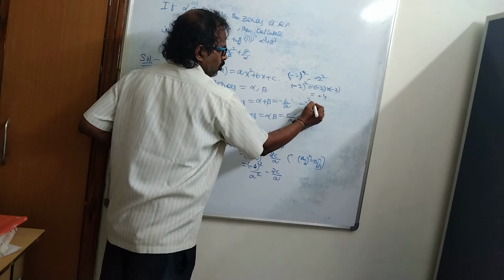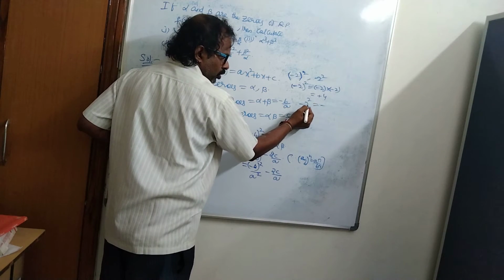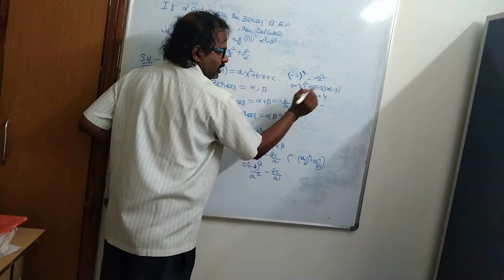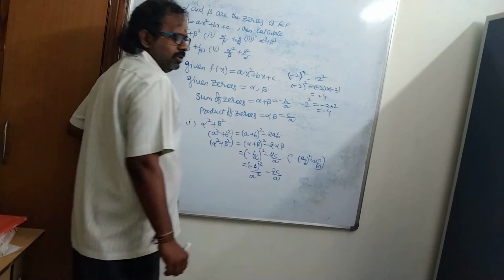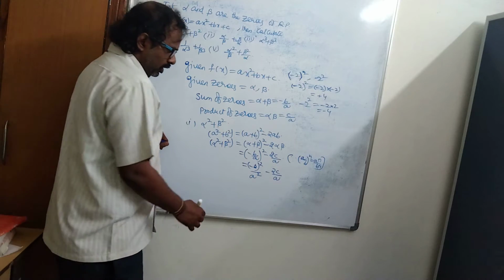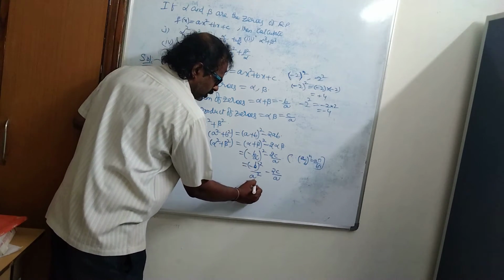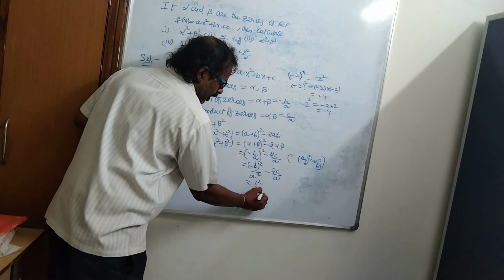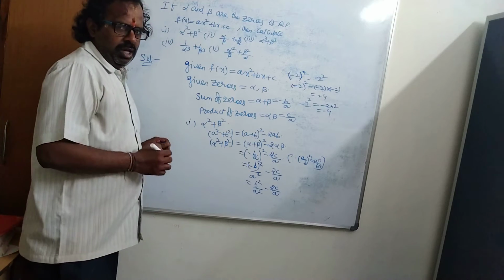But minus 2 square means the power 2 is there only for the base 2 but not for the sign, so minus 2 into 2, that is minus 4. In the same way here also, minus b whole square is b square by a square minus 2c by a.